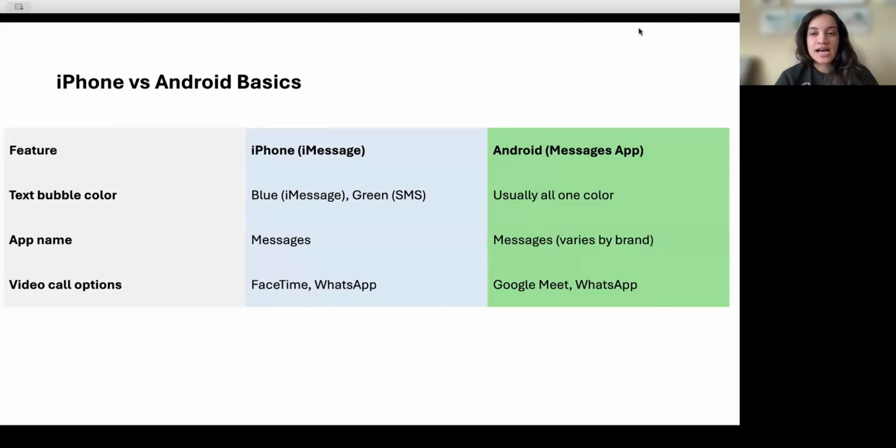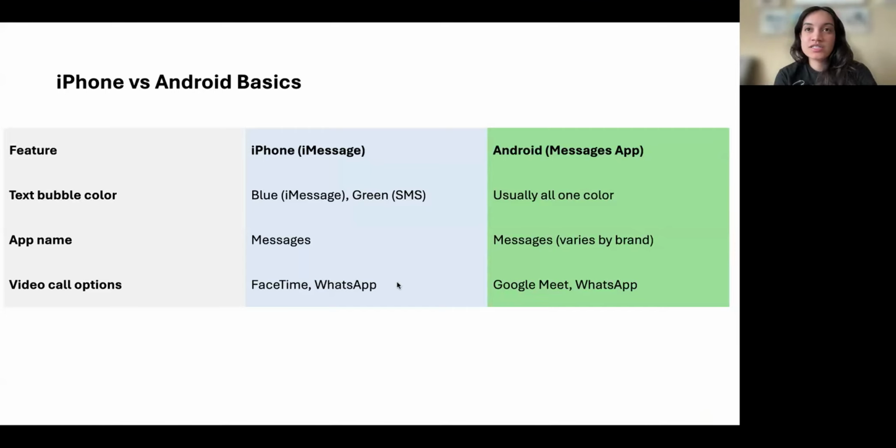With an iPhone and an Android, text messaging does have the same features, but there are colors that distinguish the two. You probably already know this because I may have said it previously, but if you have an iPhone and you're texting somebody else that has an iPhone, the conversations are usually going to be in blue and gray.